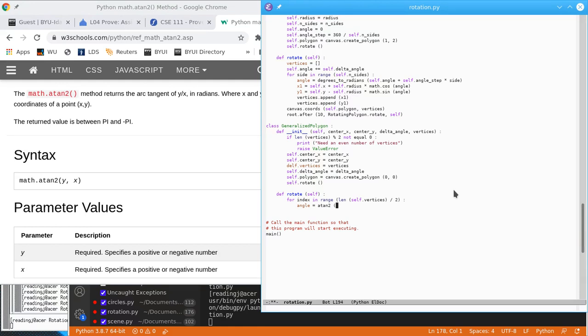And so this is vertices sub index plus 1 minus self.center y, vertices sub index minus self.center x.